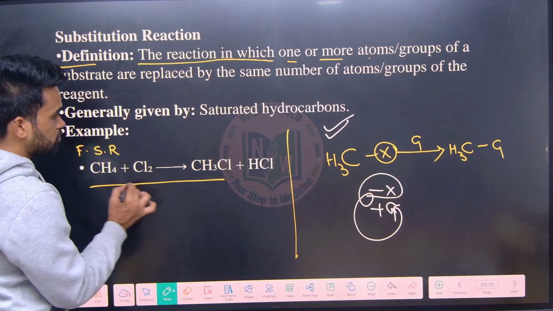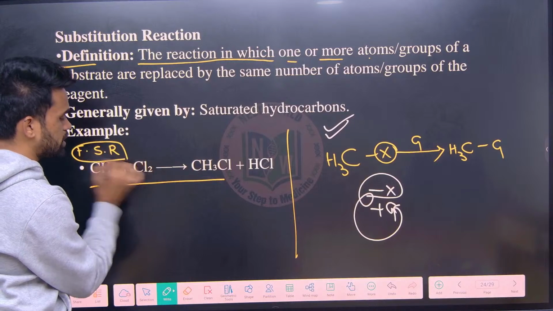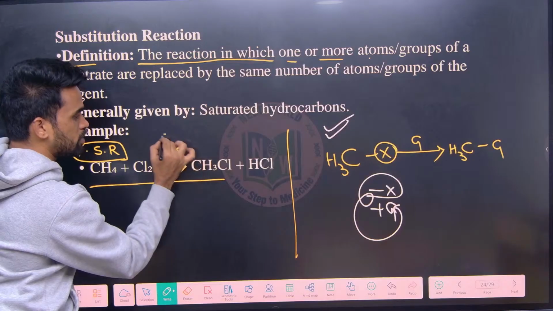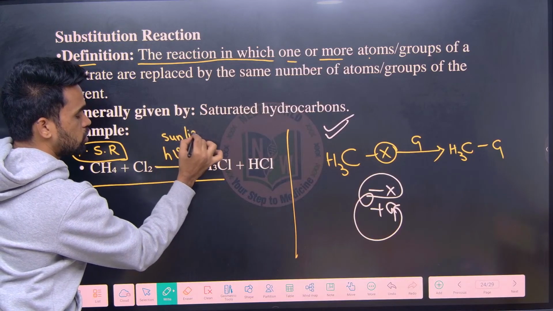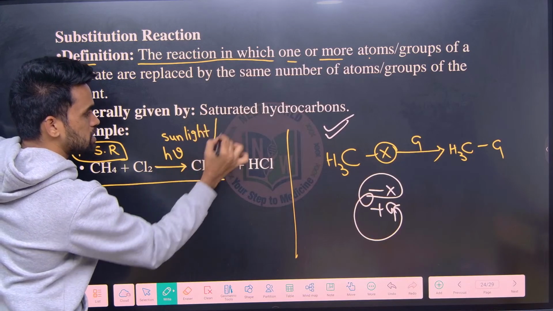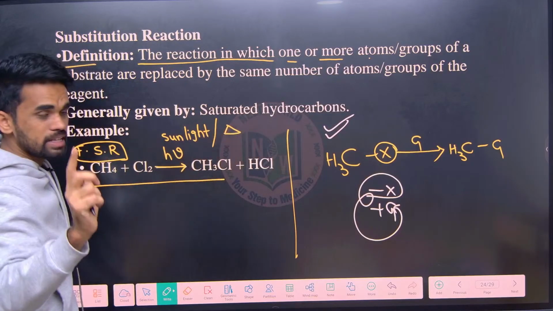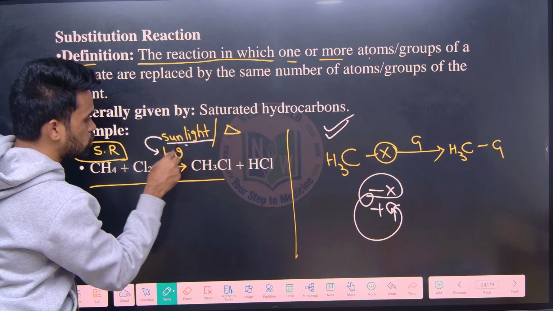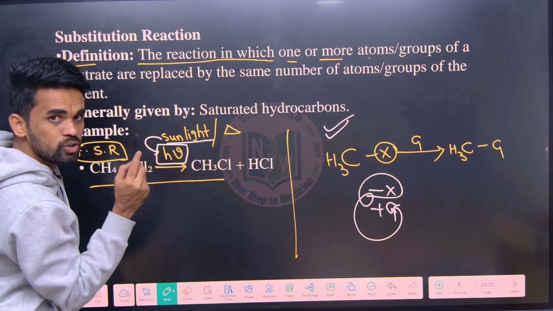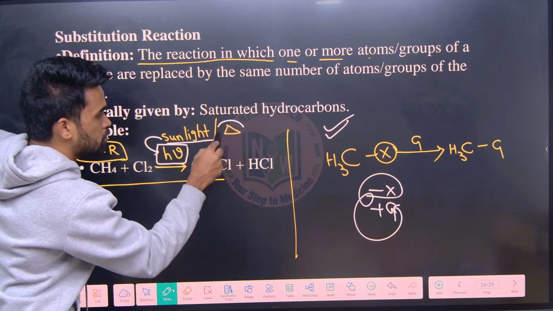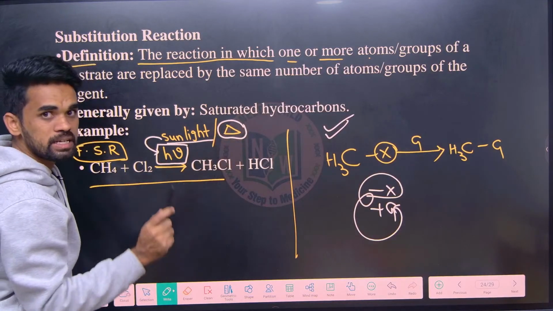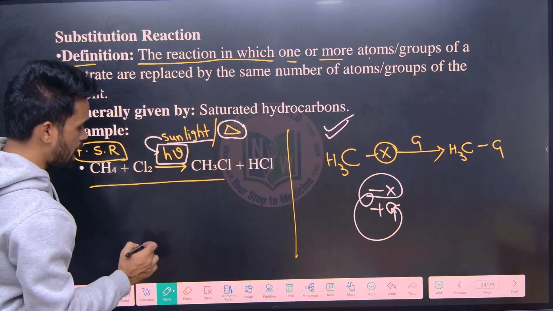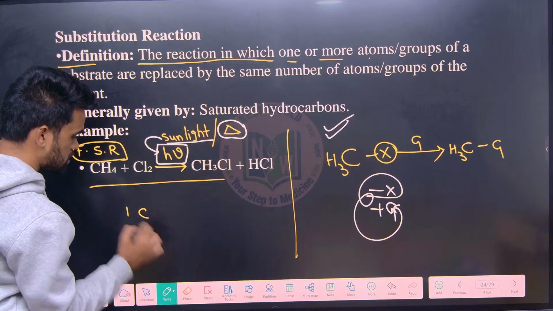During free radical substitution reactions, generally the reaction happens in presence of sunlight, or it may take place at high temperatures. It either requires sunlight, or we can represent it as h nu, meaning a suitable frequency is used, or with a high temperature, where delta is the symbol for heating. Let us write the same reaction once again.